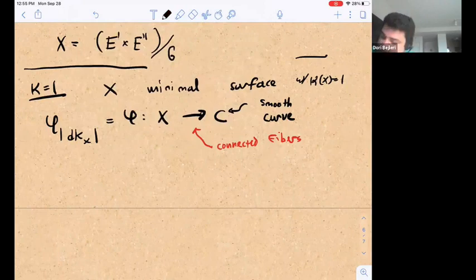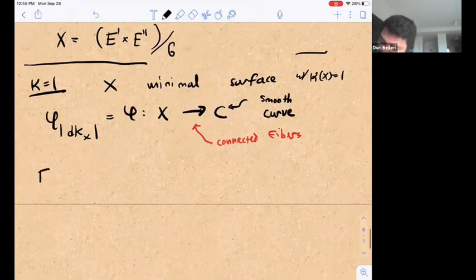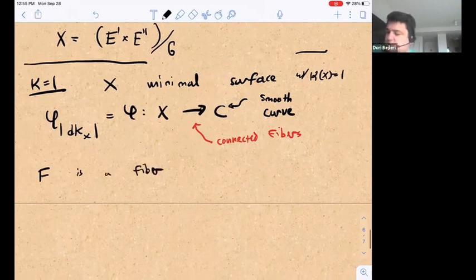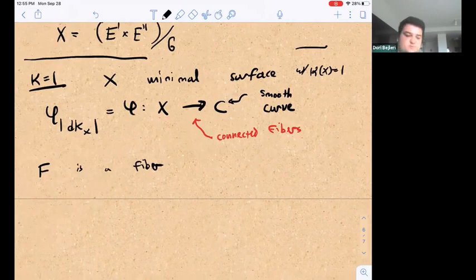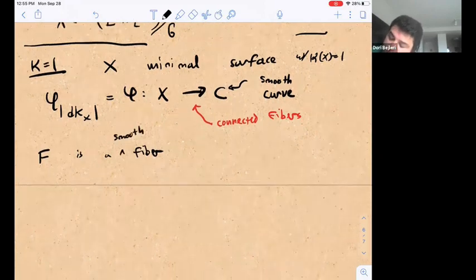And now we can just compute. Let's say F is a smooth fiber. We know that the generic fiber will be smooth. Then F squared is 0 because we're a fiber.